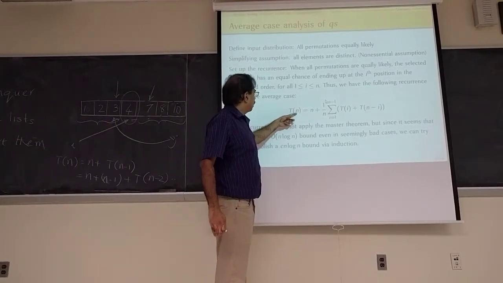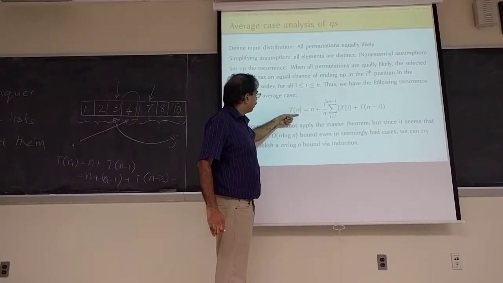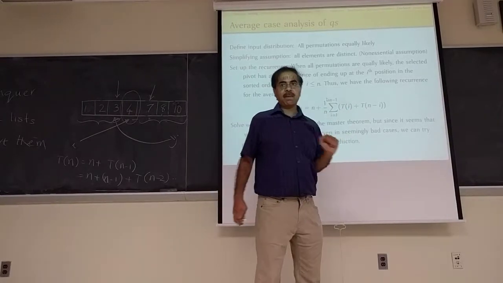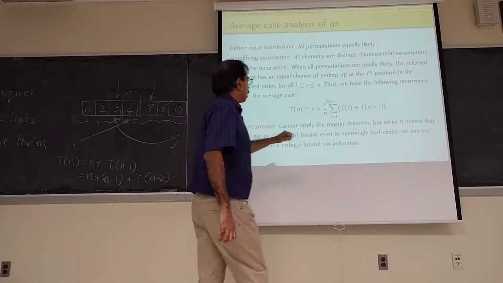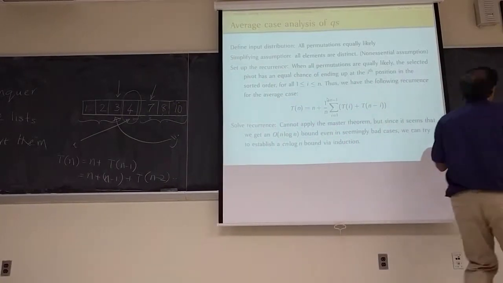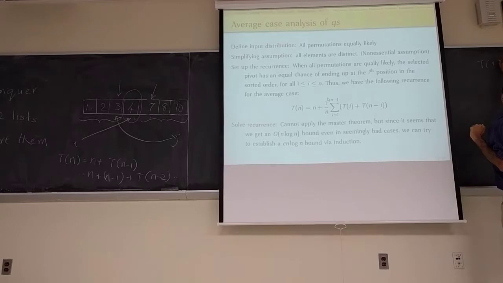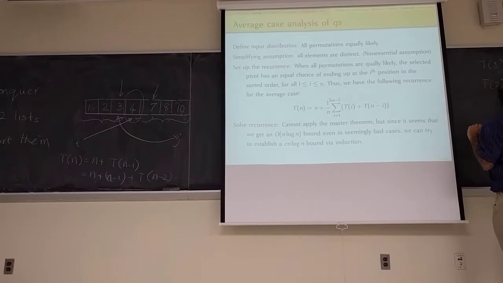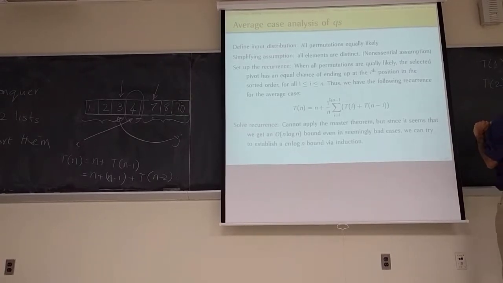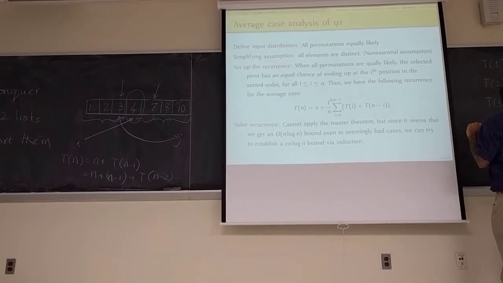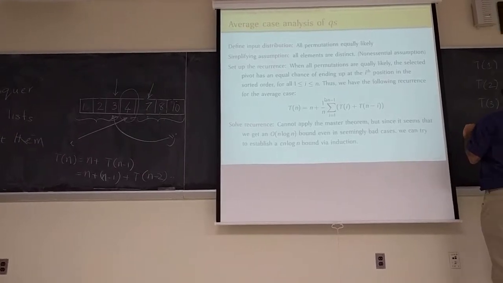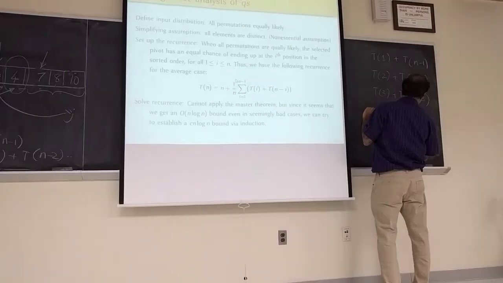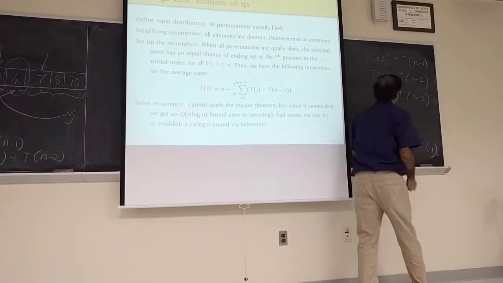So you have T(n), you are trying to quicksort an array of size n. You have the partition, which always takes order n time, and then you have two subproblems. So you can run with T1, and so on.